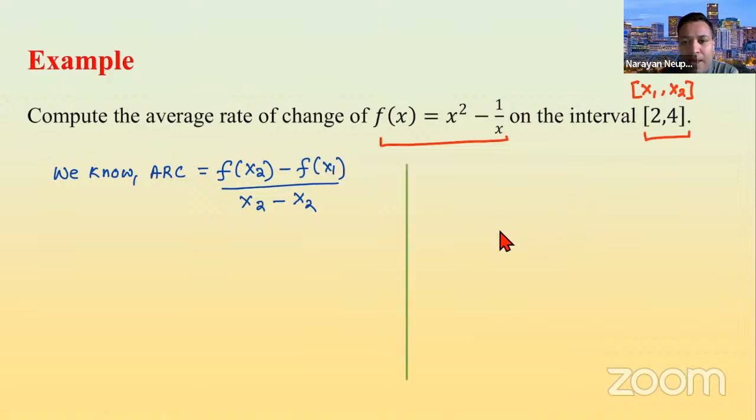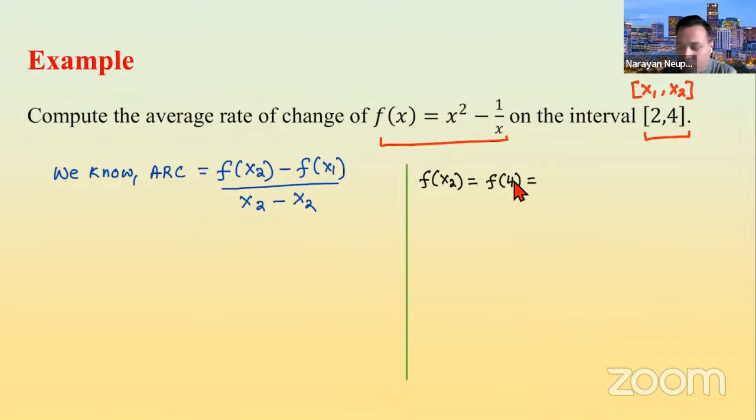So here in the side, we are going to find the value of f of x2 and f of x1. So what is f of x2? Let's find that. So if I want to find f of x2, everybody look at the screen. f of x2 is f of 4, right? x2 is 4. So that becomes f of 4. And you know that f of 4 means you have to plug in 4 into this function. Our function is x squared minus 1 over x.